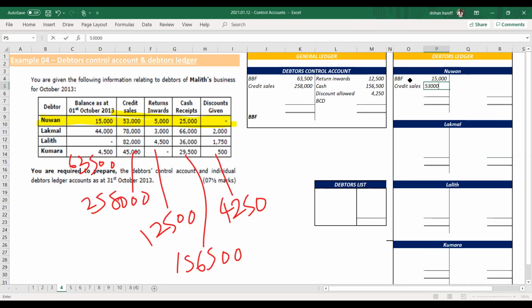So individual accounts, return inwards 5,000, cash 25,000. So you calculate the closing balance. Individual. Can you all do this?